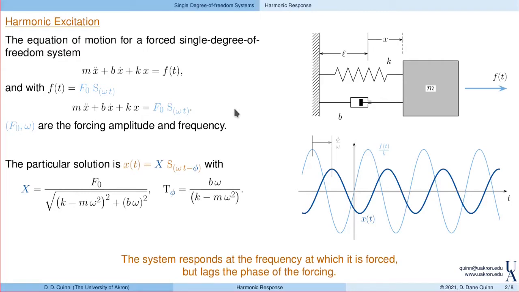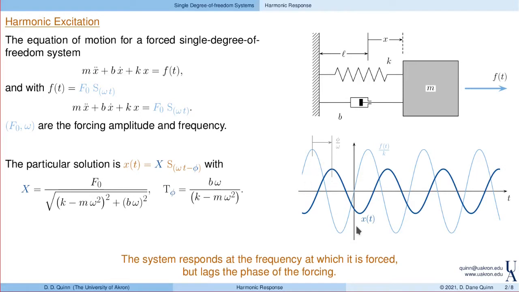So as we vary the forcing amplitude and frequency, it's really important that we understand how the spring mass damper system responds. Again, in this previous lecture, we showed that the response is harmonic as well, with a different amplitude given by X and this relationship, also with a phase shift, phi, relative to the forcing of the system.